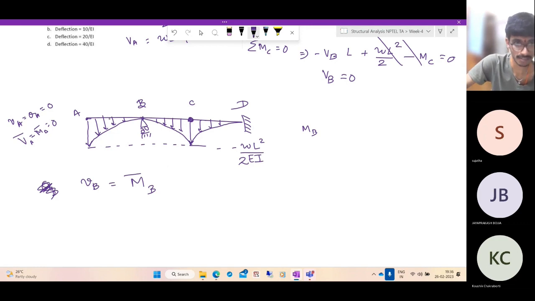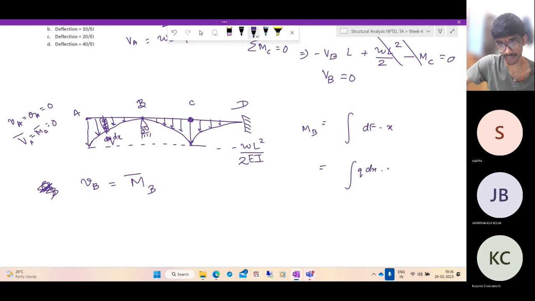So it's an integral. Again, it's simple. Take a small strip. How much force does it have? It has W dx, so it is integral of dF into x. This W is different from that W, so call it Q or something. It is Q dx into x.